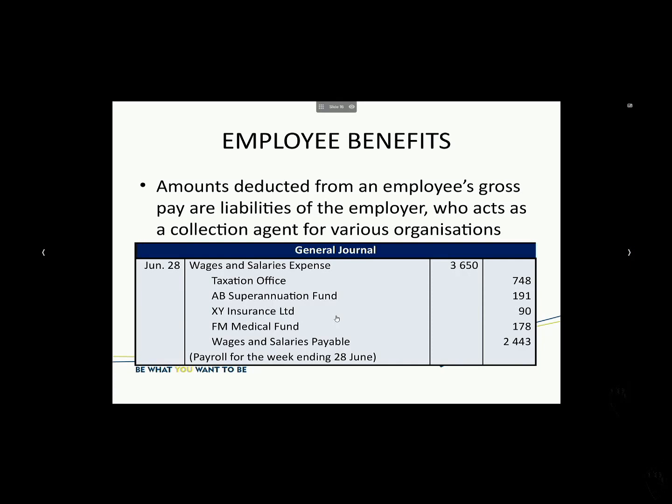It depends. So that's part of the employment contract, maybe, or it could be voluntary. XY Insurance Limited, that is where the employee gives a written authority to the employer to deduct money and pay it to XY Insurance Limited. Similarly for FM Medical Fund. Okay, but they're all liabilities that are created either through statutory means or through the employee authorising the employer to deduct them and pay them on their behalf.